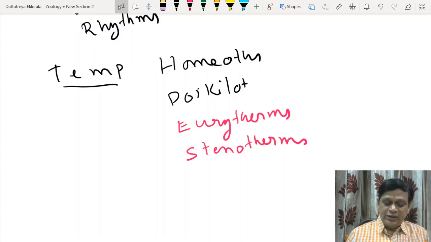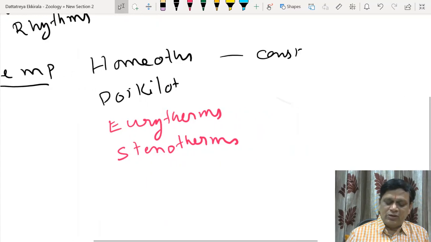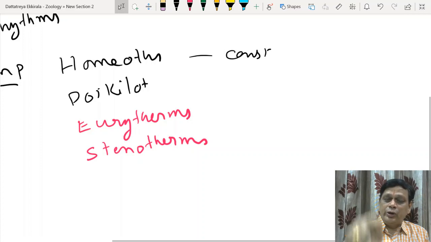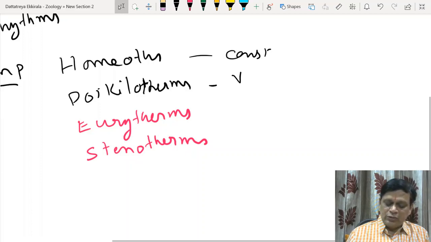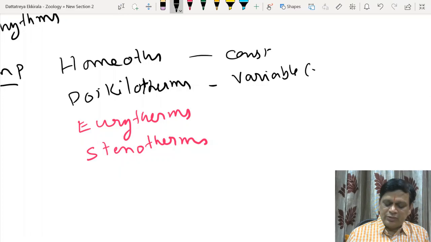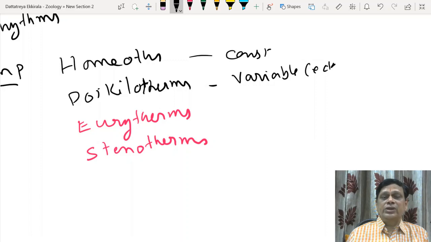Those which maintain constant body temperature, so constant body temperature, they can be called homeotherms or endotherms, internally regulated. Then what are poikilotherms? Poikilotherms means with variable temperatures, they don't have constant, so they can also be called ectotherms. Eurytherms, what are eurytherms? Those which tolerate much fluctuation in temperature.